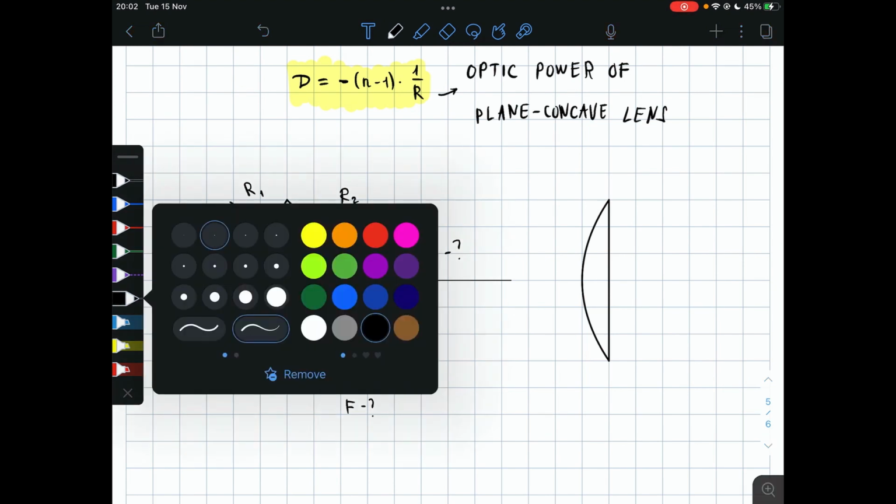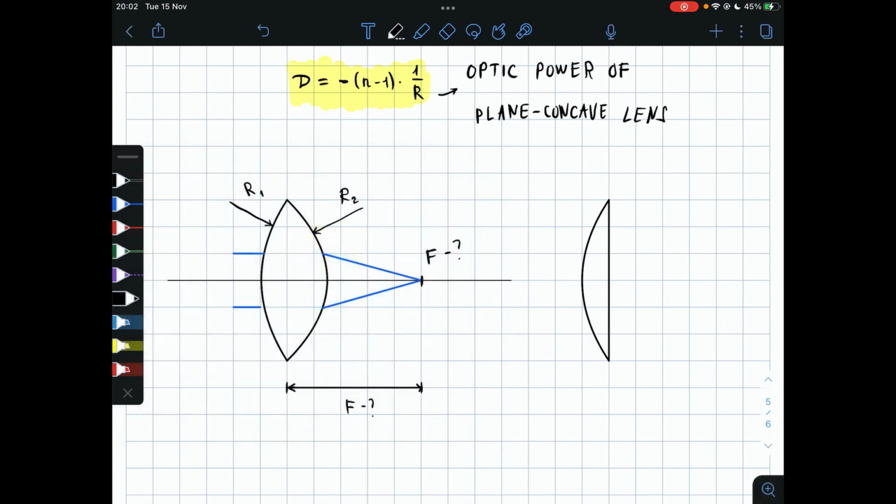We split it here. The second lens also has a plane surface, and it also has its concave surface, so it will be somewhere here. The distance between these two lenses is very, very small. It's nearly zero.